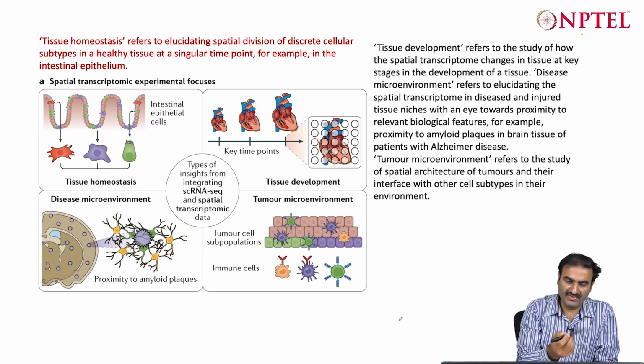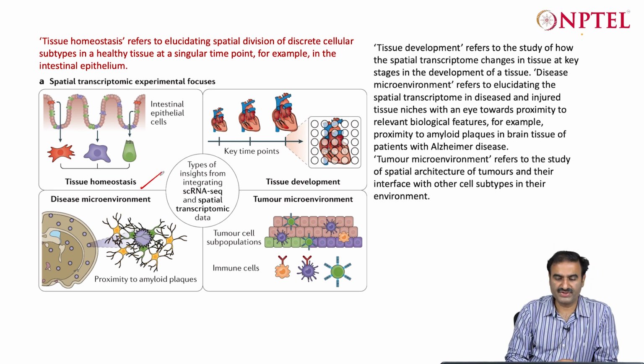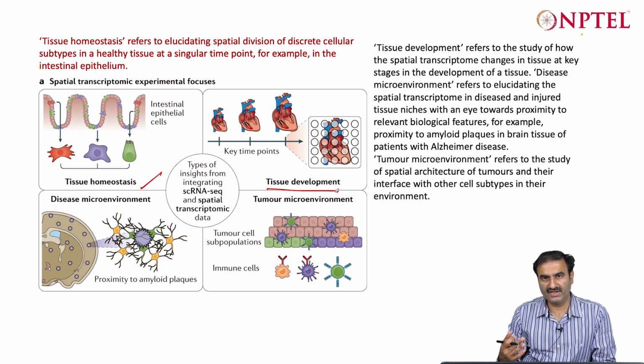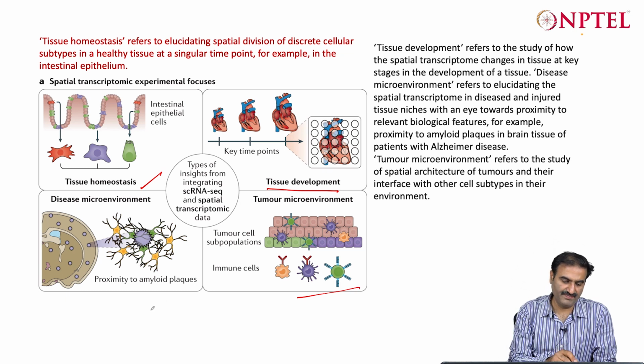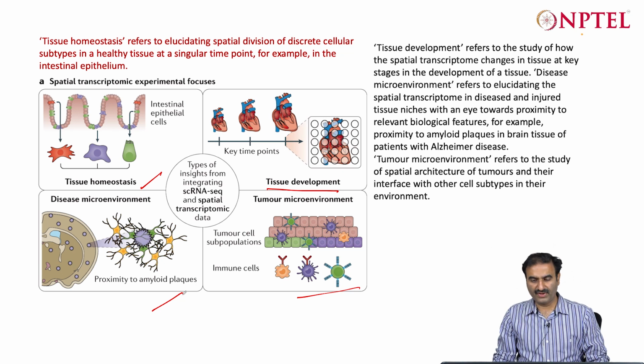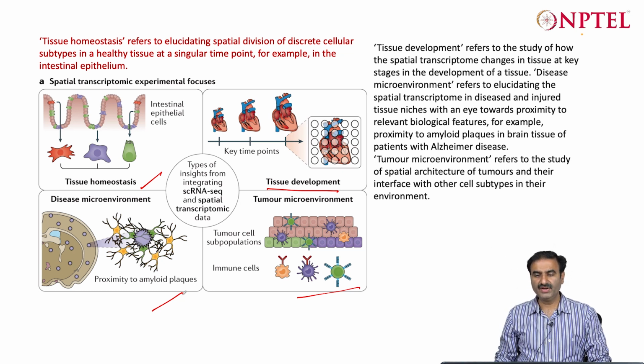So single cell RNA-seq and spatial transcriptomic data can tell you about tissue homeostasis, and about the development of the tissue during the developmental phases, how the expression profiles change in the different cells. They also tell you about the microenvironment of each and every cell and how that changes the gene expression level, and similarly the disease microenvironment, for example in terms of proximity to amyloid plaques, etc.